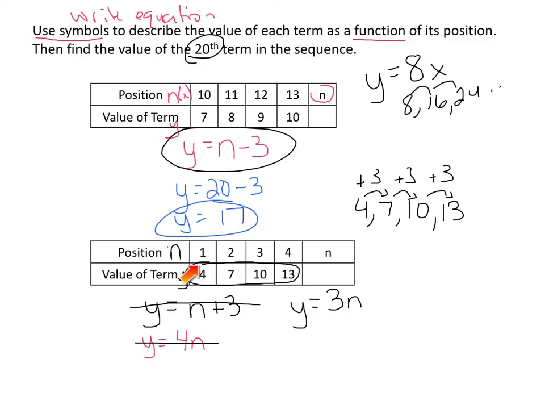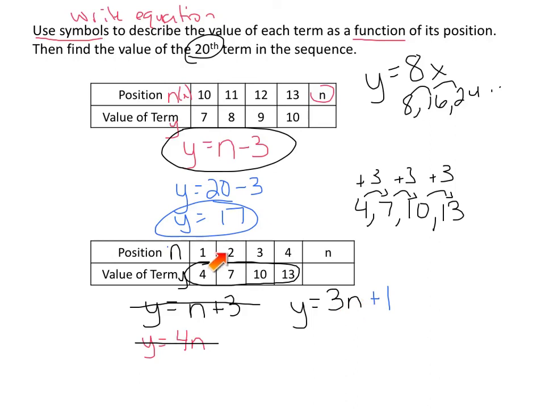So now we're going to look at our position as this number instead of the original 1 here. So what can I do to 3 to get 4? Well, I can add 1. If you notice, our function's a little bit different now because there are 2 operations. There's multiplication and addition. But we want to check if that works.